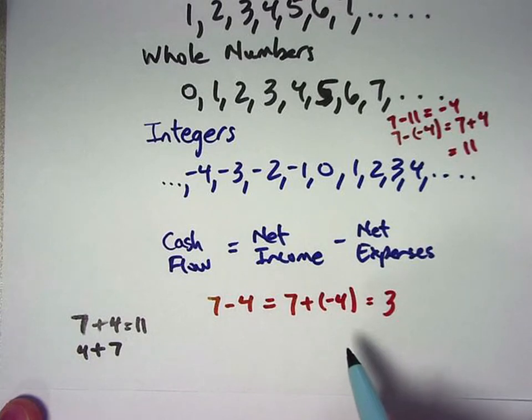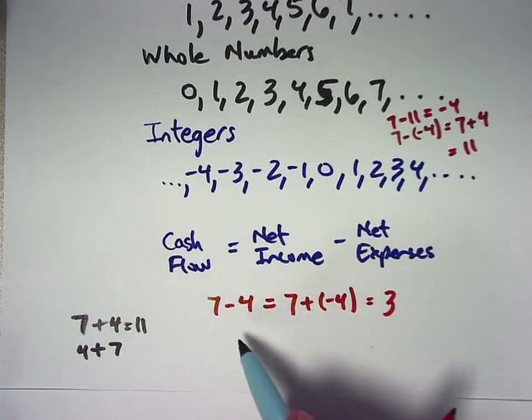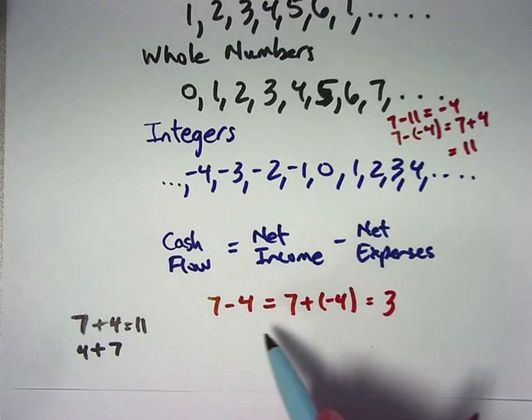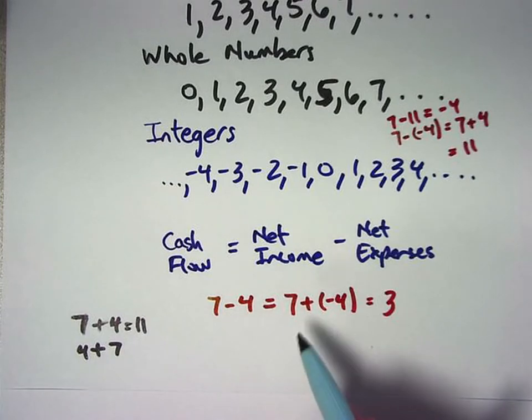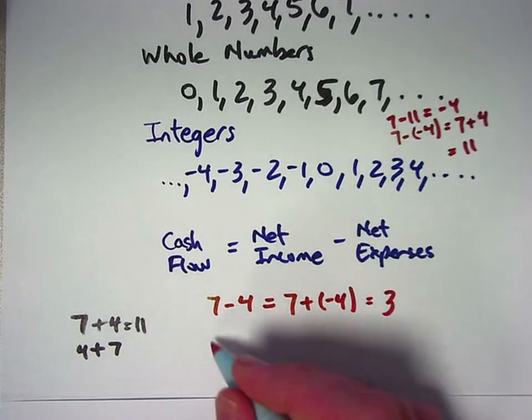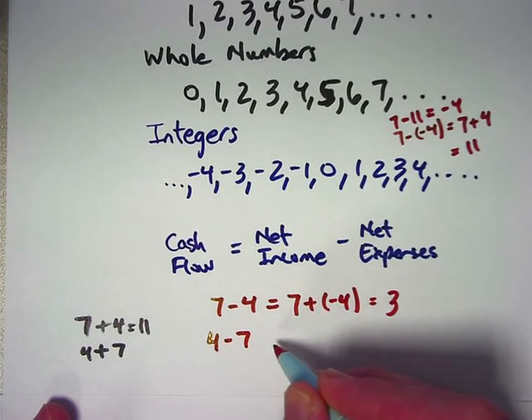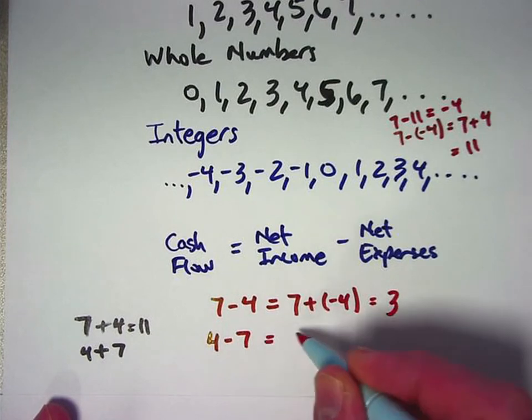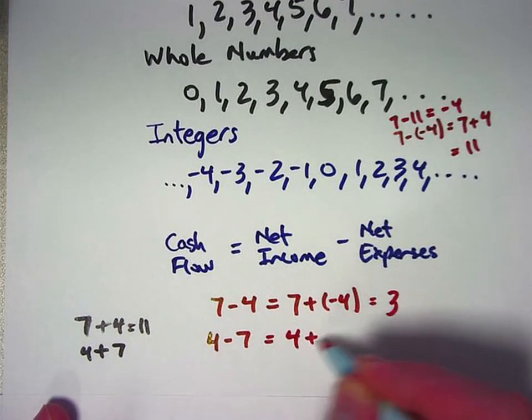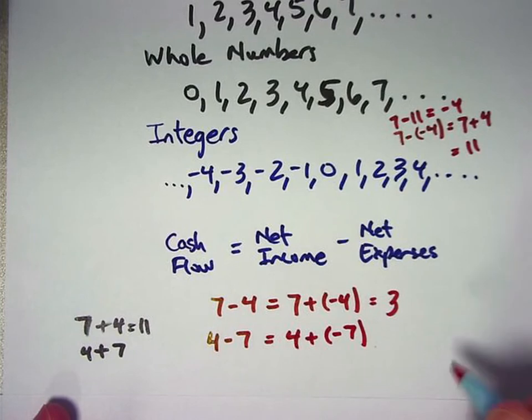Now that might seem a little paradoxical since I said that subtraction can be defined in terms of addition. How does that work then? Why is subtraction not commutative? Well, let's think of 4 minus 7 in terms of addition. This is the same as 4 plus negative 7.